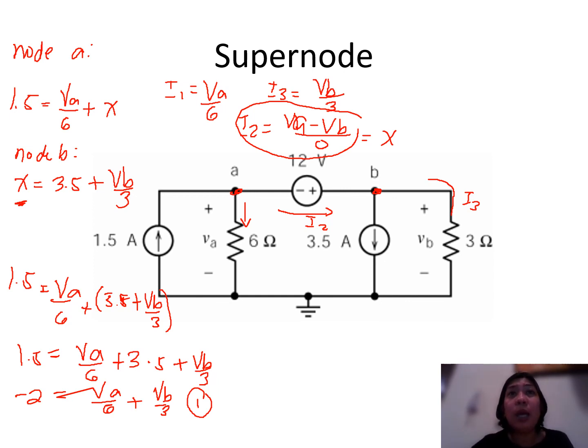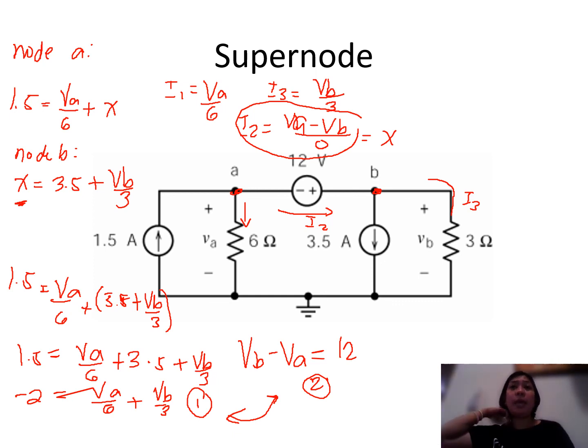As you can see, since B is positive with respect to A, we have VB minus VA is equal to 12. So this is now your second equation. You have two equations with two unknowns, and you can easily solve for VA and VB.